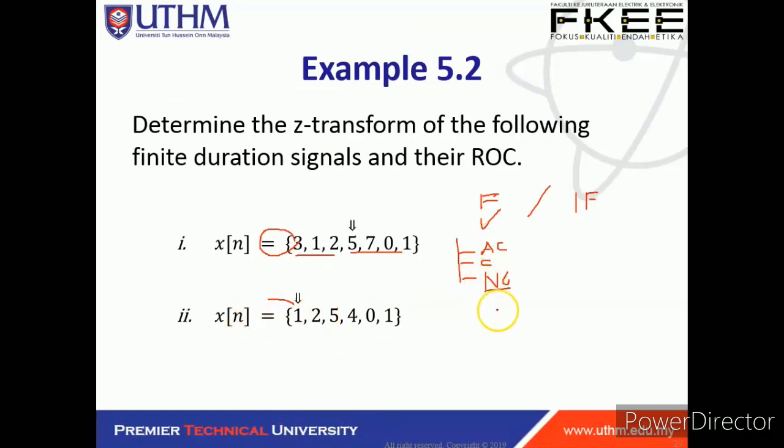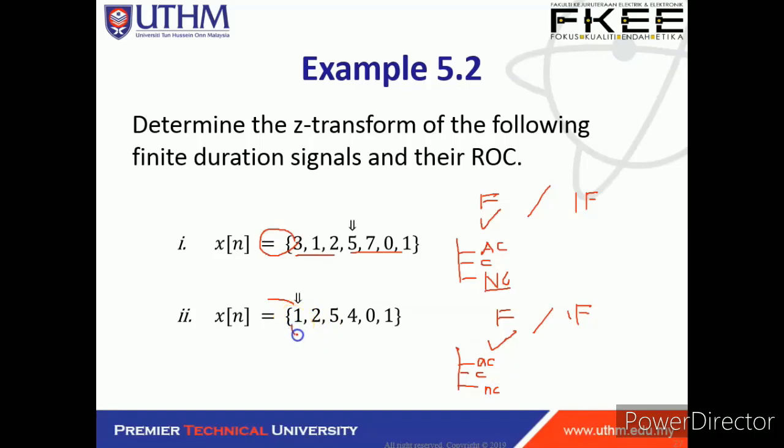Next question is, we have this signal. Again, we need to check whether it is finite or infinite. Since again this is a bounded signal, this is finite. Next we need to check the type of signal, whether it is anti-causal, causal, or non-causal.